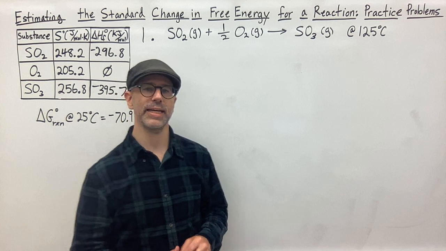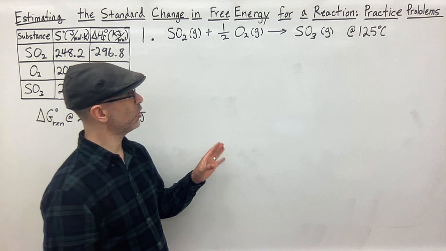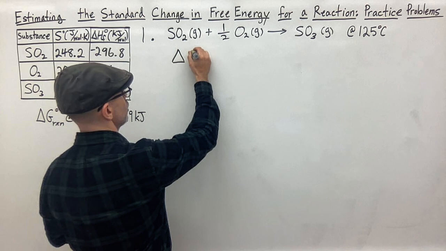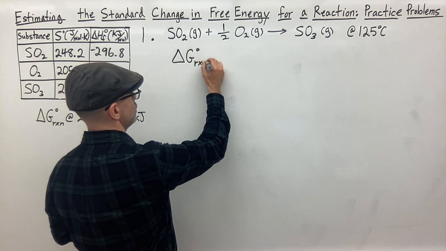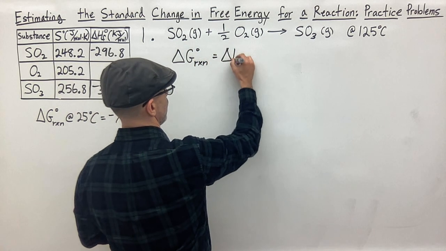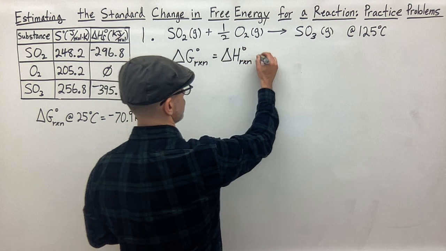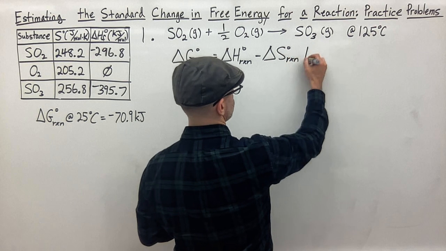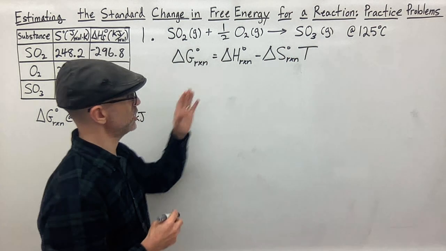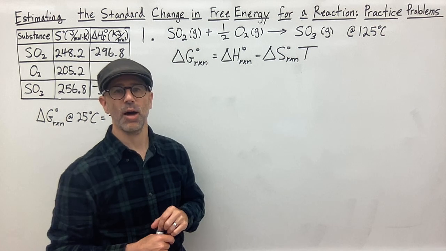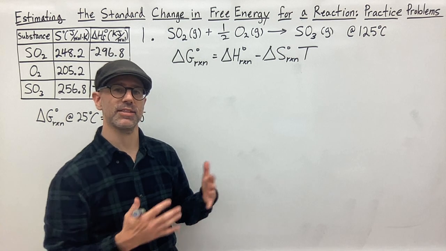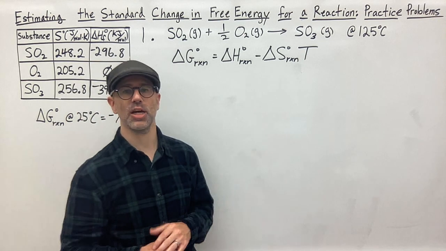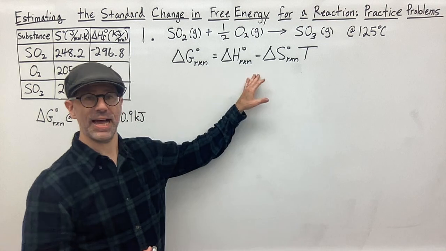The reason for that is because although, technically speaking, the equation that we're going to use, the standard free energy change of a reaction is equal to the standard enthalpy change of a reaction minus the standard entropy change of the reaction multiplied by the temperature, even though this equation technically only applies to reactions at the standard temperature, 25 degrees Celsius, at other temperatures within a limited range of temperatures, we can use this to estimate.